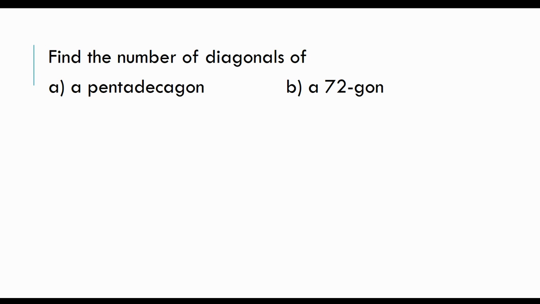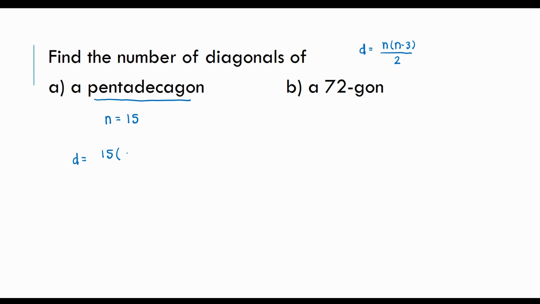All right, this time it says find the number of diagonals. So remember, the formula for diagonals is n times n minus 3, all divided by 2. So that's the formula that we're going to use. In part A, it says we have a pentadecagon. So we can identify the value of n. A pentadecagon has 15 sides. So I'm going to substitute that into the two different spots in the formula so I can figure out how many diagonals we have.